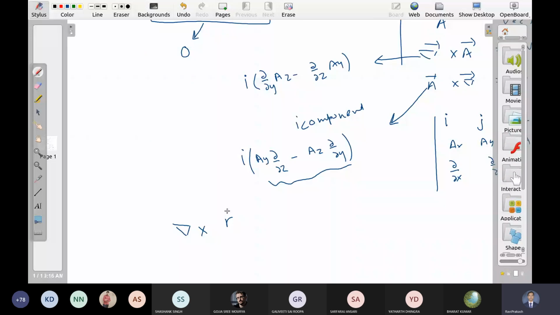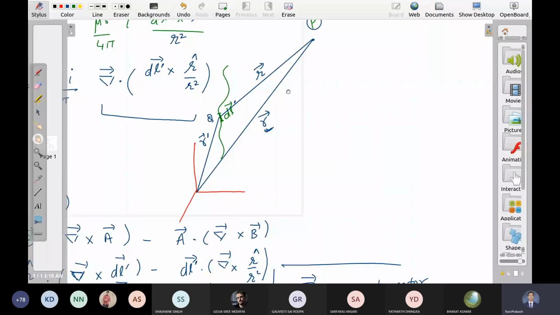This is R cap by R square, meaning completely this variable made from this vector. Okay, let me use this laser pointer. Whereas we are using curl of this curly R, but curly R is nothing but this vector R minus this R. This part is constant.